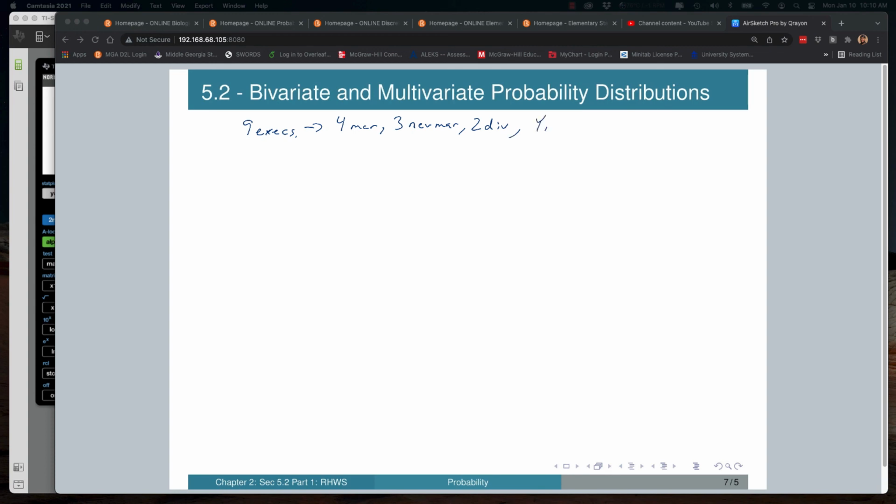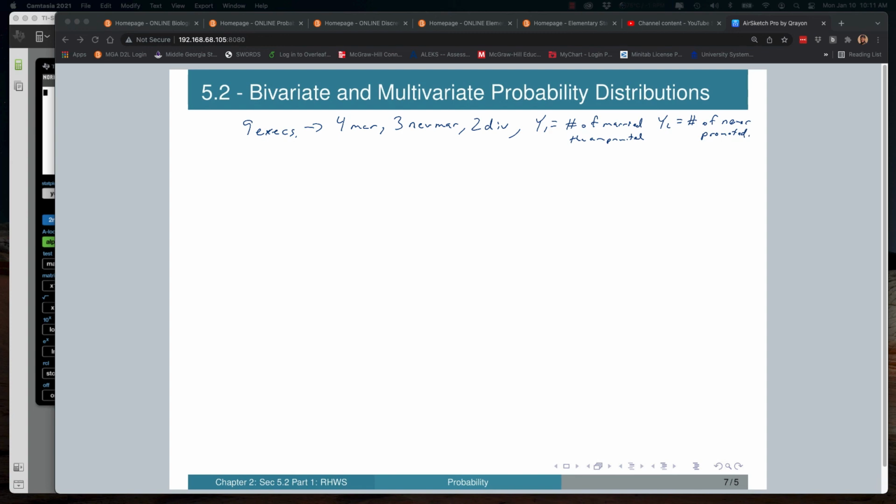We know that the random variable y1 is representing the number of married that get promoted. And y2 represents the number of never married that get promoted.